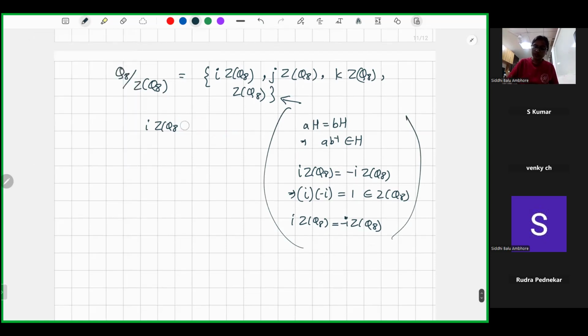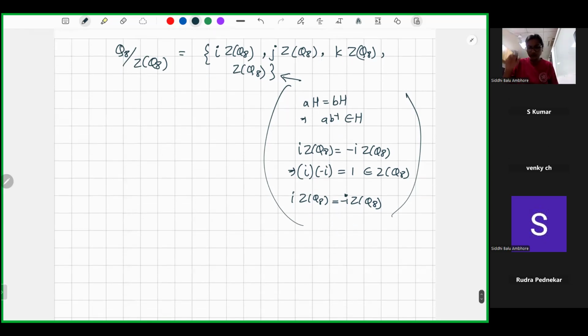So yeah, I have this. Since these are four elements, let's try to write the product.